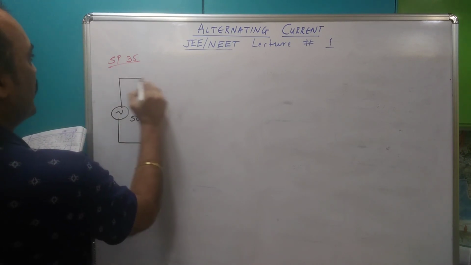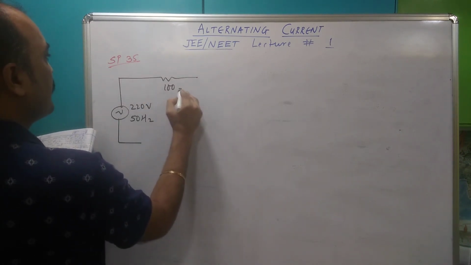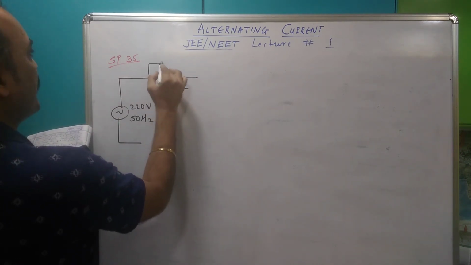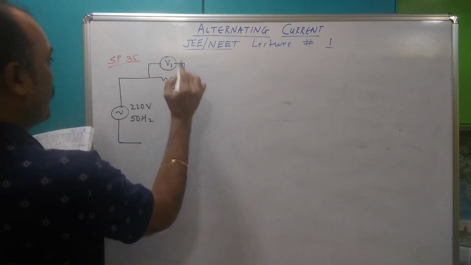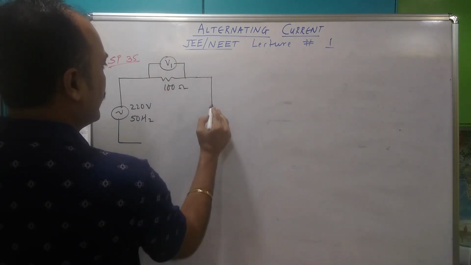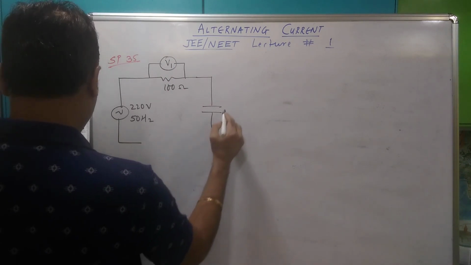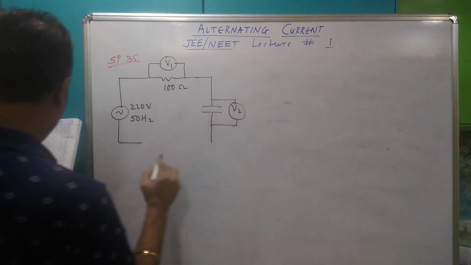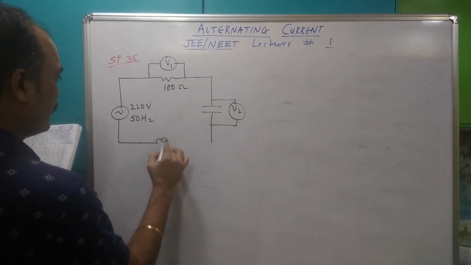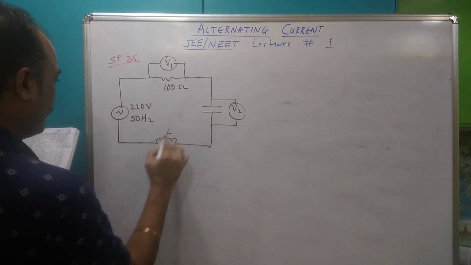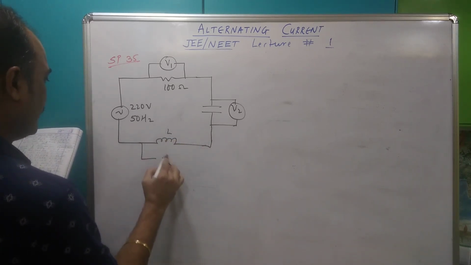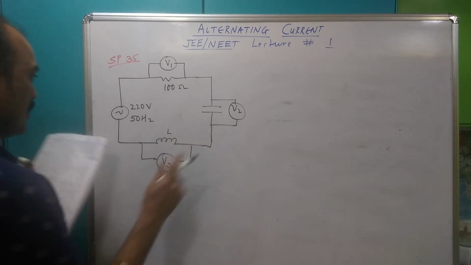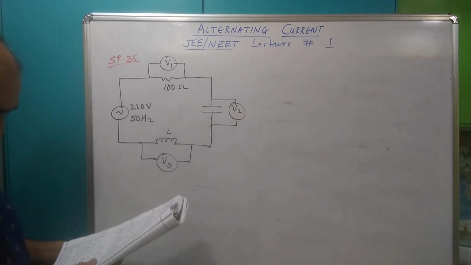And this is a 100 ohm resistor, and इसके across V1 लगाया हुआ है, and there is a capacitor out here, इसके across V2 है. Okay, voltmeters connected है, and there is an inductor here, they have called it L, and इसके across V3 होगा, I'm sure. Okay, so तीनों दिए हुए.